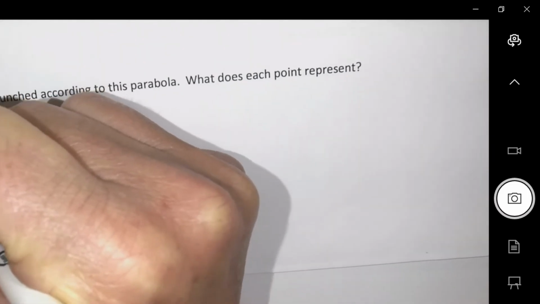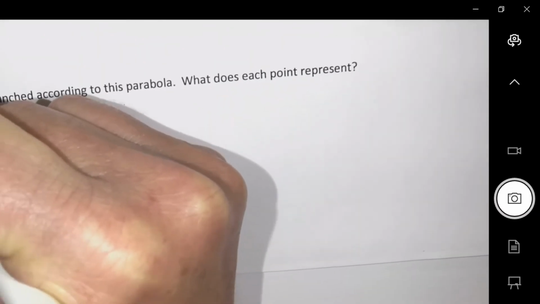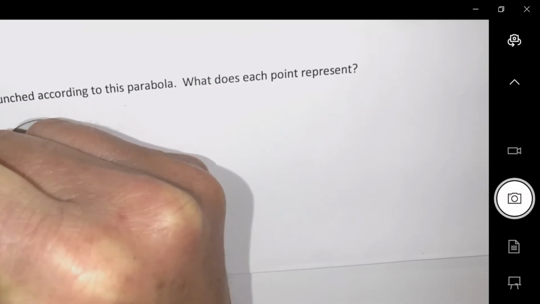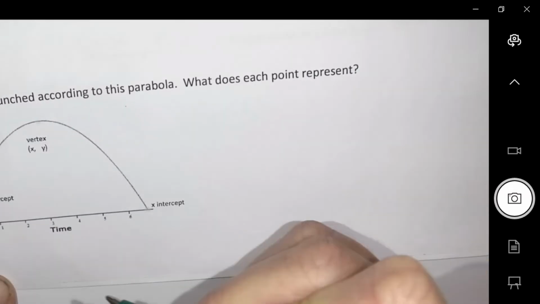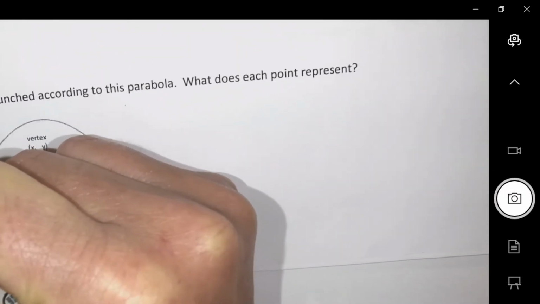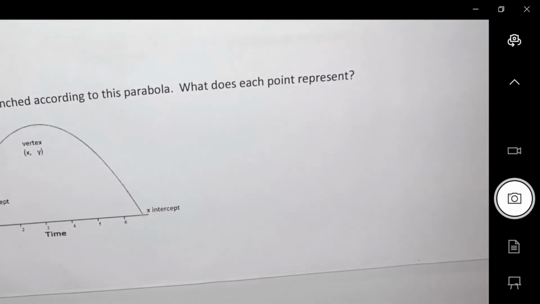It is the height at the start. It's where you're starting from. Does that make sense to you? The time is 0 at that spot. So it's the start. So obviously I'm standing on top of a building or something and I'm throwing this. Okay.